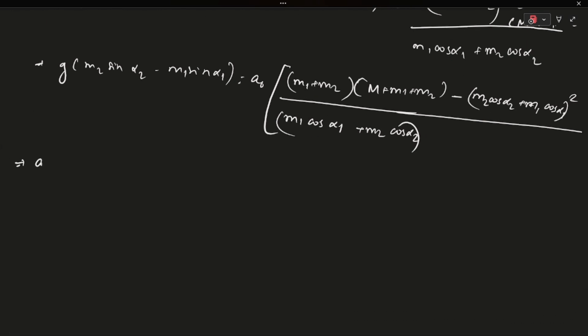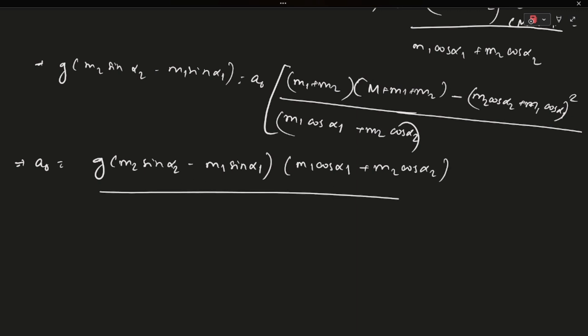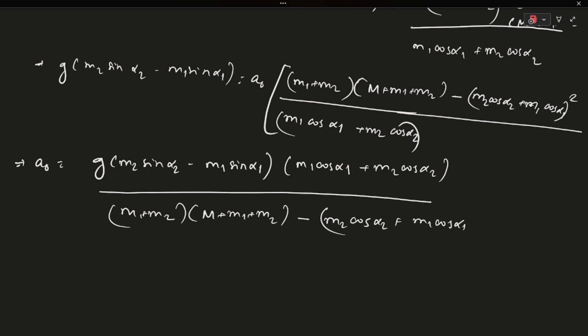So a naught becomes g times m2 sine alpha 2 minus m1 sine alpha 1 into m1 cos alpha 1 plus m2 cos alpha 2, divided by m1 plus m2 whole squared plus m2 cos alpha 2 plus m1 cos alpha 1 whole square.